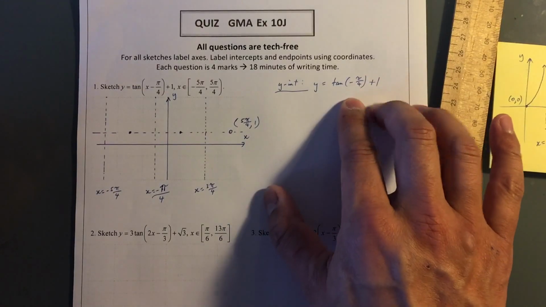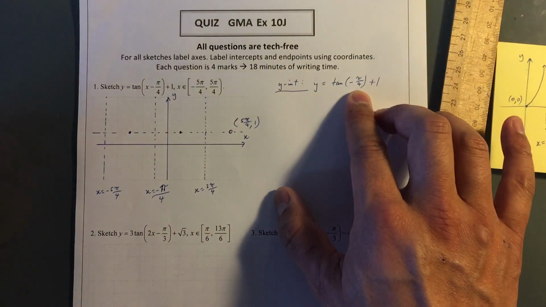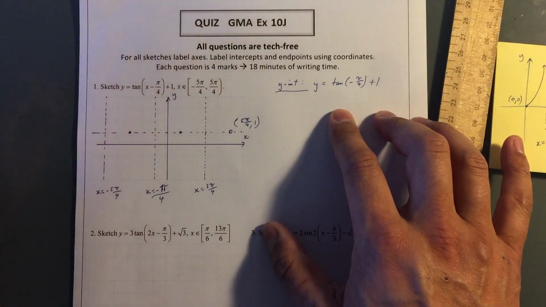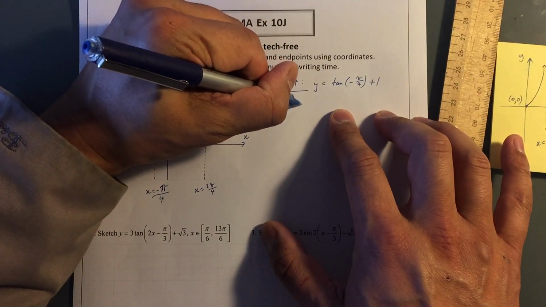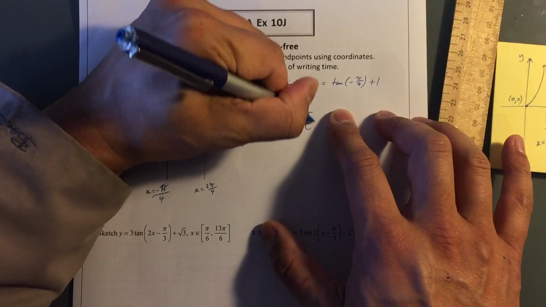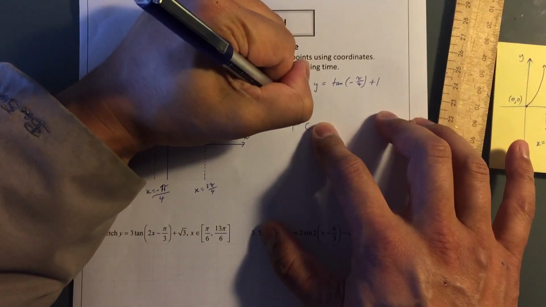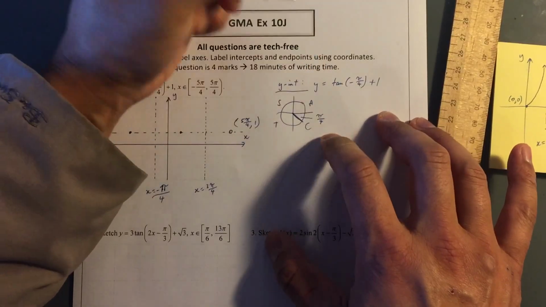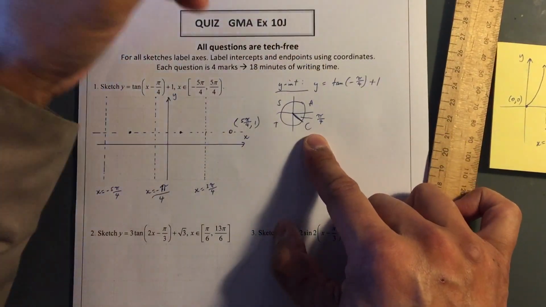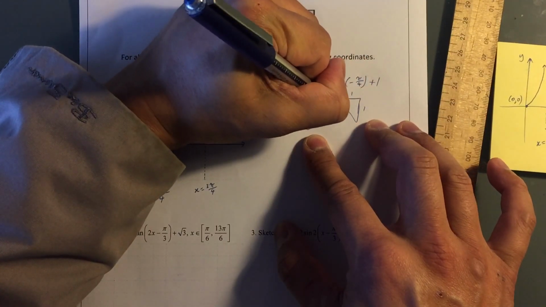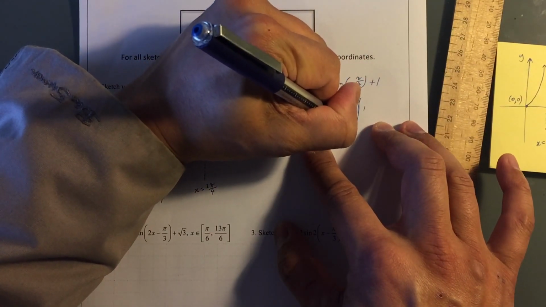Again, you need to know your CAST, you need to know your triangles. I have it in my head, but just for benefit's sake, let's draw it out. Minus pi on 4 is going to be here in quadrant 4. So only cosine is positive, so the answer is going to be negative. And of course, this is going to be the 1, 1, root 2 triangle with pi on 4 here.